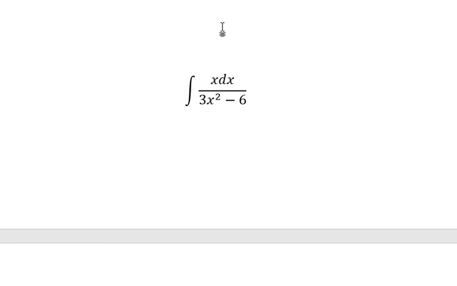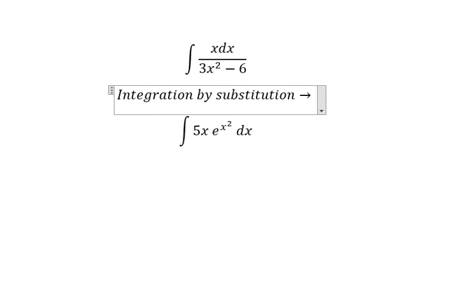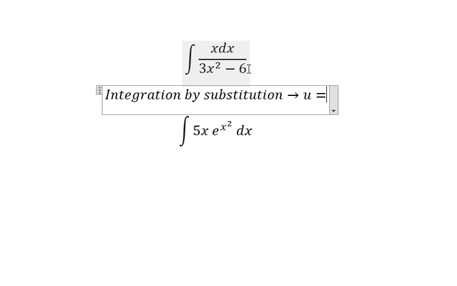The next one, we need to use integration by substitution. So I will put u equals this one.